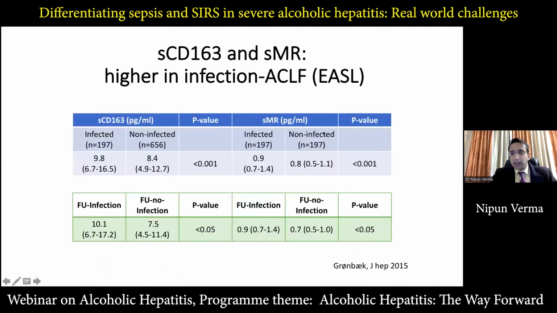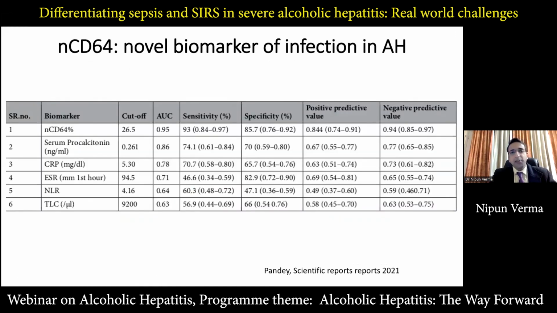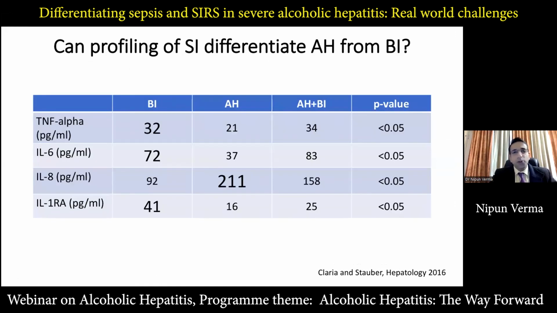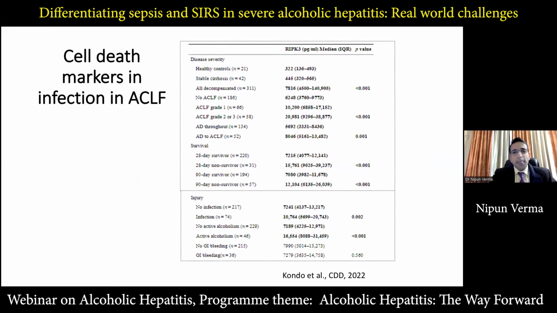In this important study by the APASL-ACLF group, the CD163 levels and the mannose receptor levels were significantly higher in patients who were infected. CD64 is also an important biomarker. And then various profiles of systemic inflammation can differentiate.